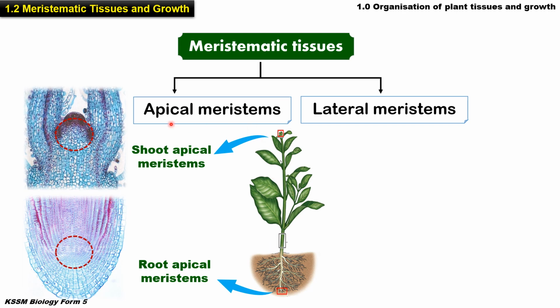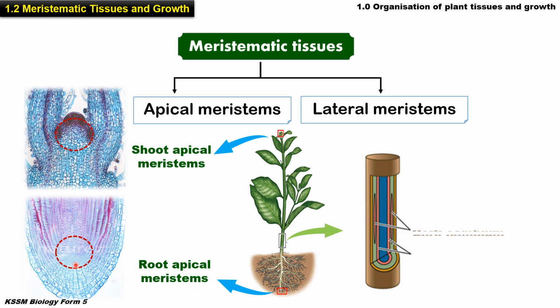So we go to the diagram. These are examples of the diagram for the shoot and for the root. Shoot apical meristem, and this one dekat bahagian root is root apical meristem. For the lateral, like say kita ambil stem ni, kita potong, so we can observe the lateral meristem consists of cork cambium dengan vascular cambium.